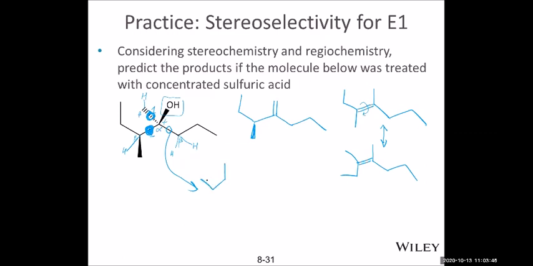I get a wedged methyl group here. And I'm forming, this is the double bond. All right, so this is one of the products. The other one, if I rotate this, I get the isomers.